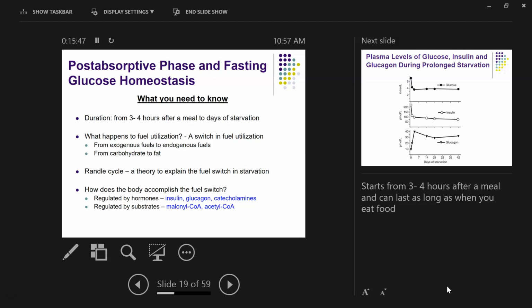The important thing is hormones. Lots of hormones, like insulin, glucagon, and catecholamines, are the three main hormones that regulate fuel utilization and fuel switch, right? And also substrates, malonyl-CoA and acetyl-CoA, the two important substrates that are also able to regulate the fuel utilization switch, right?